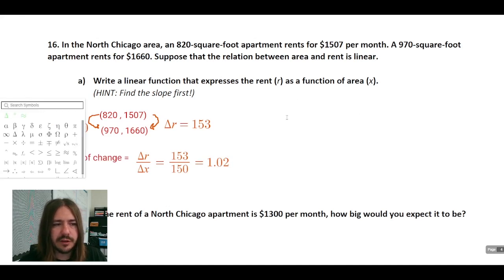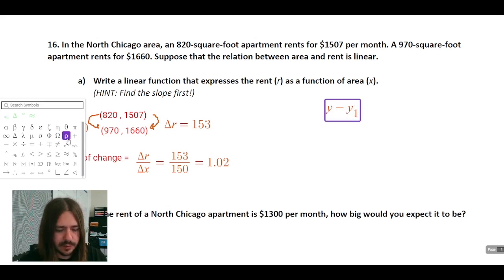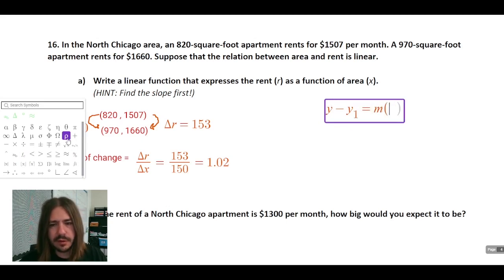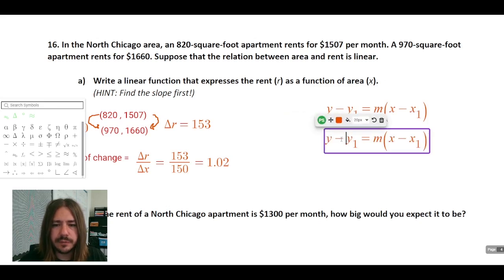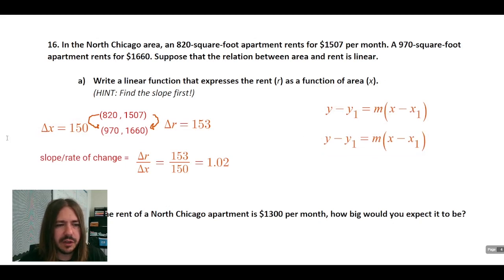Okay, let's go ahead and write the equation, and I'm going to start with that point-slope form, which, to remind you, is y minus y1 equals m times x minus x1. All right, so that's going to be our template here. And we could use either coordinate to write the equation. I'll just start with the first one. They're both positive, so it's not really going to make a huge difference.